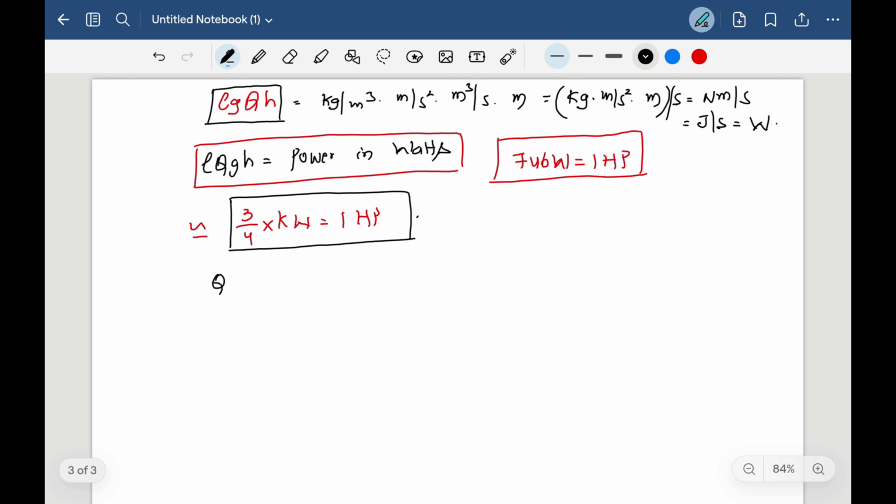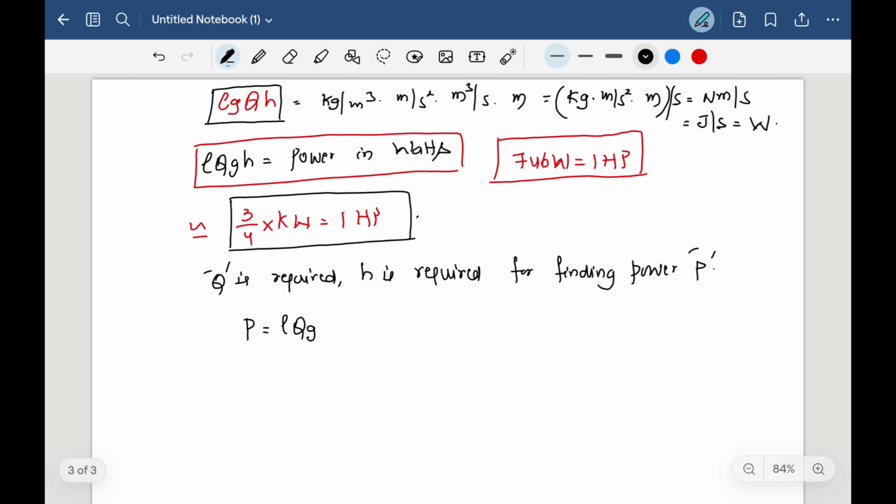Q is required, H is required for finding power P. Power P is equal to rho Q g h. Why am I repeating one or two times?